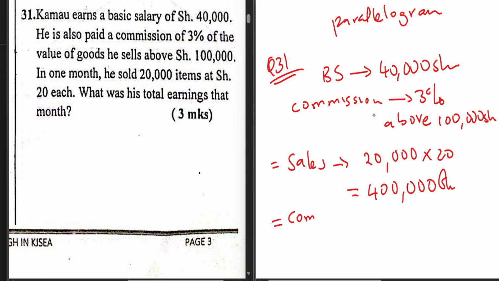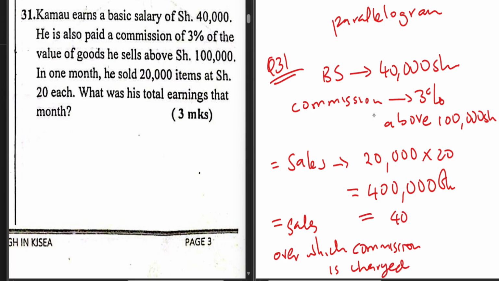So the sales over which commission is charged is going to be 400,000 minus 100,000, because the first 100,000 is not going to be charged commission. So the commission is for the 300,000 that he sold.